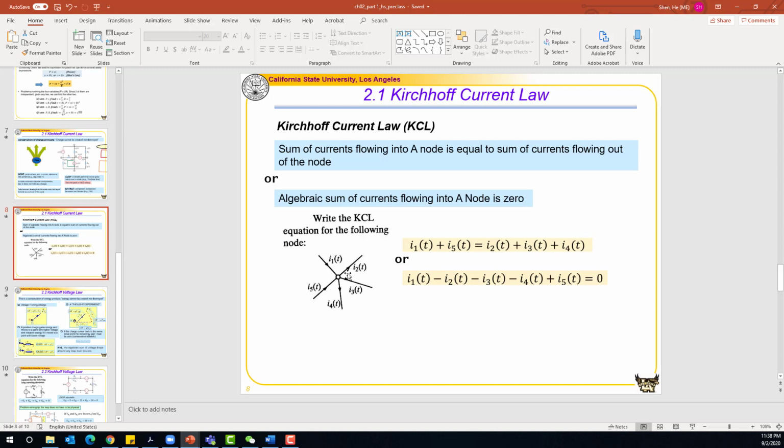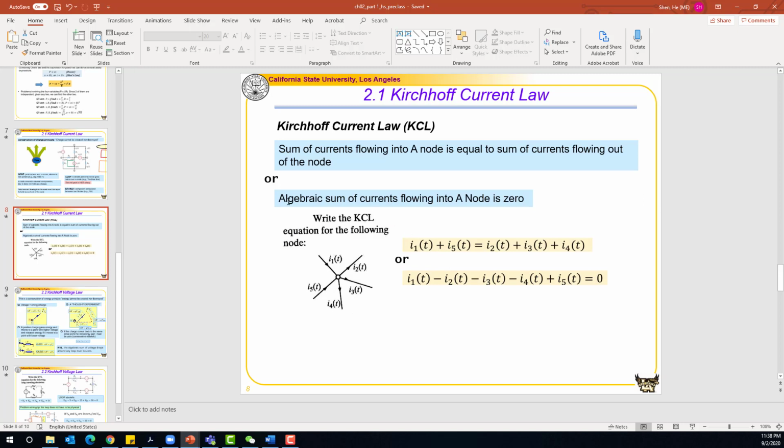So let's look at how we're going to write the KCL equation. By looking at this node, there are 5 different currents connected to this node. If we follow the first expression, we have the current going into the node, I1, plus the current going into the node, I5, is equal to the current leaving the node, I2 plus I3 plus I4.